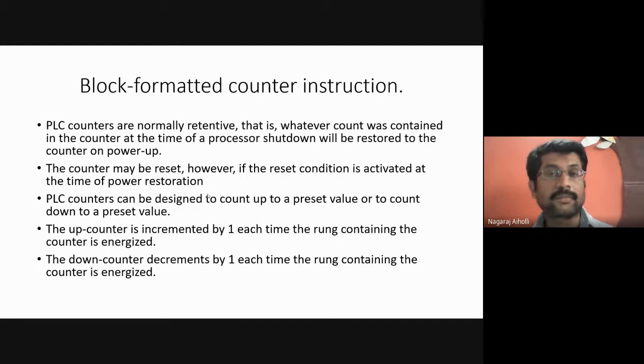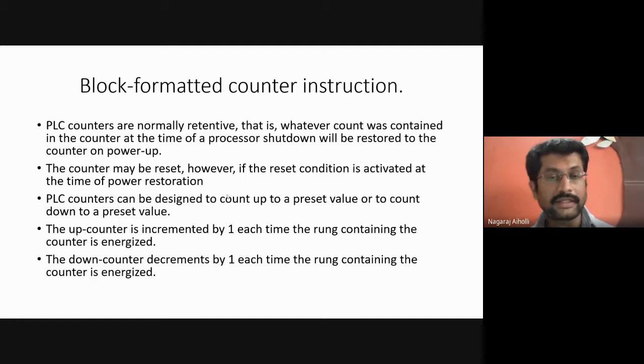But suppose at the instant of power supply turn on, you apply a reset instruction. Then the counter will not give you back the original value, but it will provide 0, because you are applying a separate external reset signal so as to make the counter value 0.